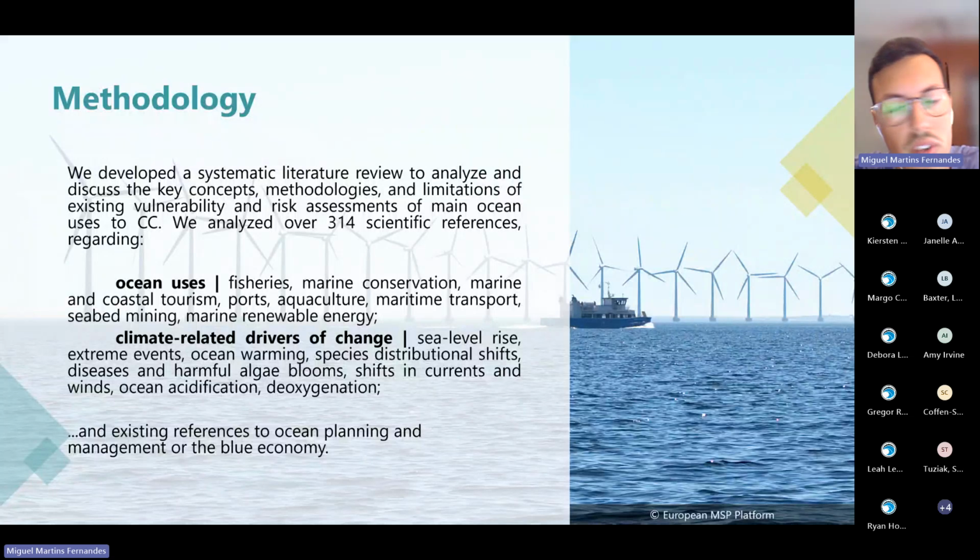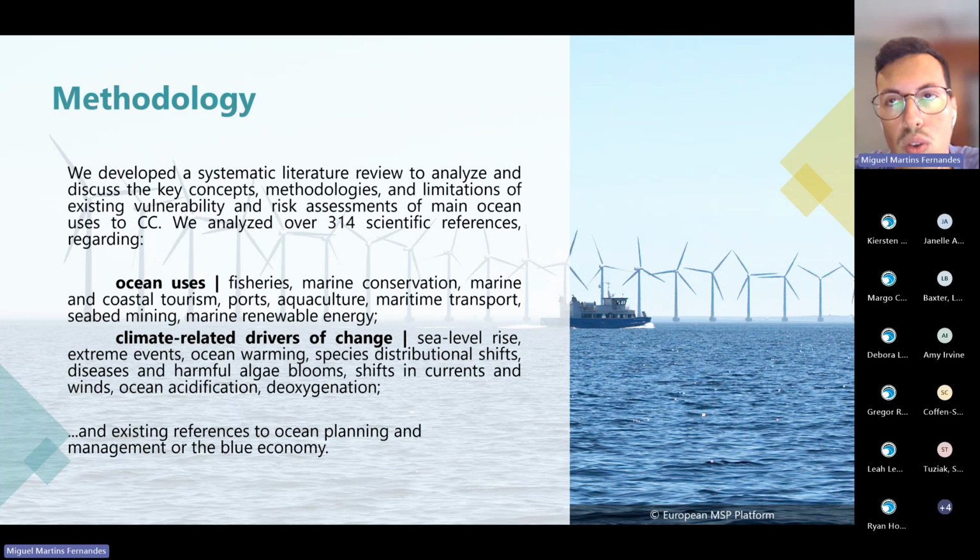We analyzed over 314 scientific references until the year 2020, where we identified, for example, the different ocean uses, and here we considered the ocean activities most referred to in the European reports and also in the Portuguese Marine Spatial Plan, like fisheries, marine conservation, tourism, ports, aquaculture, maritime transport, and others.